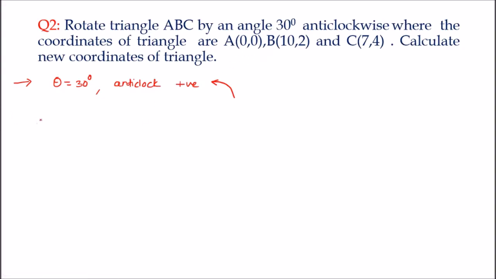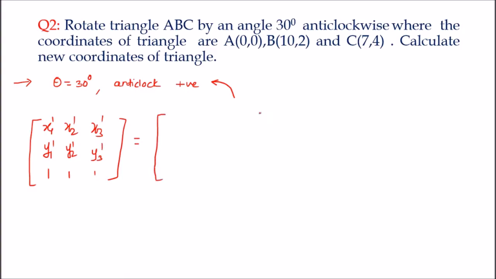Now we know that there are 3 coordinates in the triangle, so we will write the transformation like this. Suppose x1 dash y1 dash 1, x2 dash y2 dash 1, x3 dash y3 dash 1 is equal to the rotation matrix multiplied by the coordinate matrix.